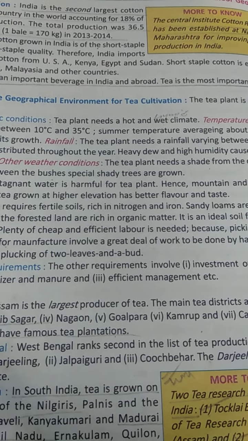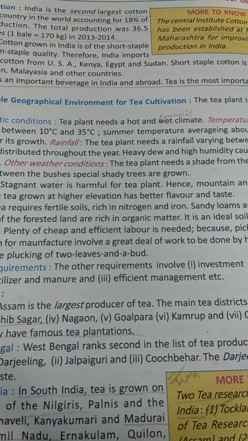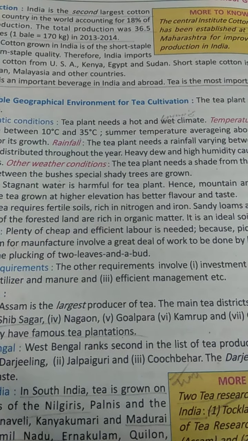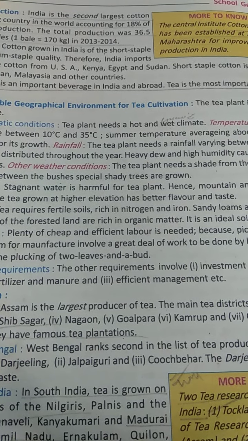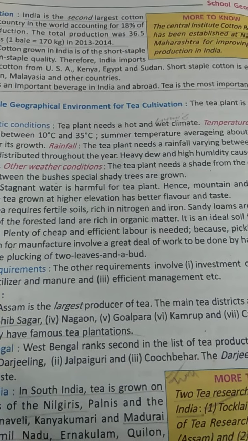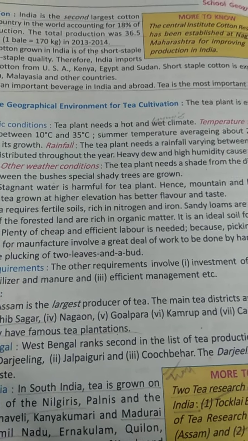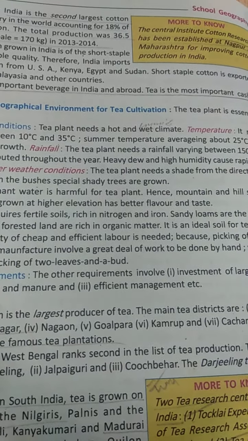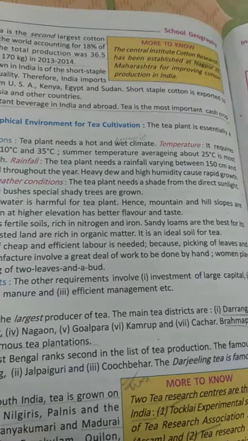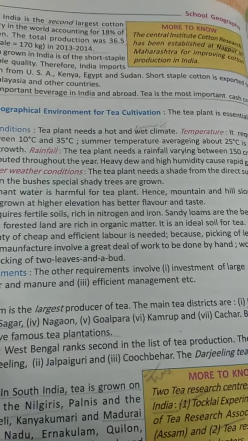Now regarding land. The greatest thing is that no stagnant water is good for the tea plant. So the land should be hilly slope type, mountain type.